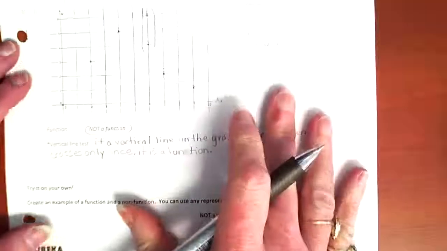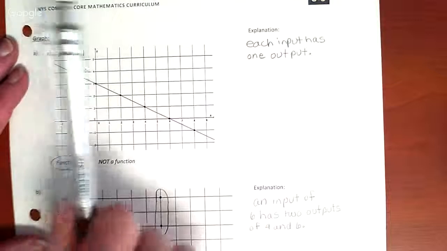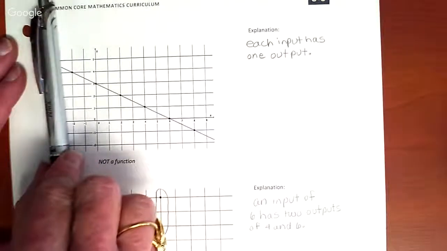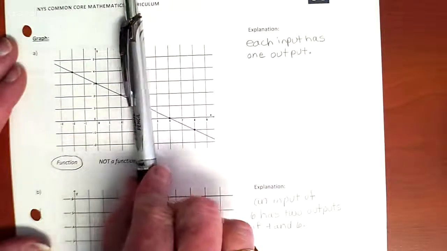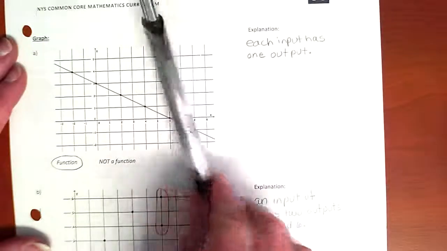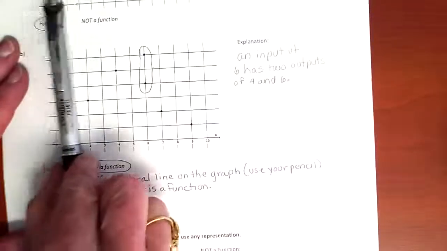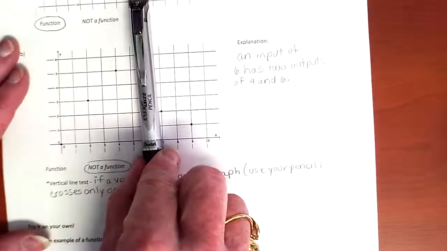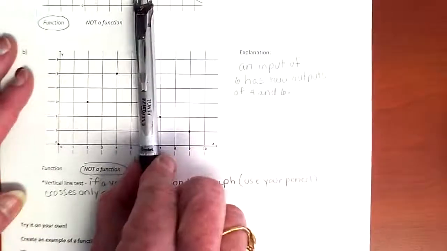So for example, let's go back up to these. Notice this line. If I use my pencil and move it across the graph and it only crosses once, it is a function. However, moving it along this graph, notice right at this point, it crosses twice, therefore not a function.